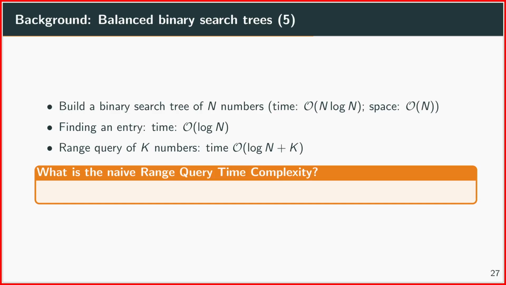And if you want a range of k numbers, you usually end up with a query time of O(log n + k), whereby k is the unknown number of samples you want to find. And the question for you is, what would be the naive range query time complexity? That would be the time complexity if you don't use one of those specialized data structures.